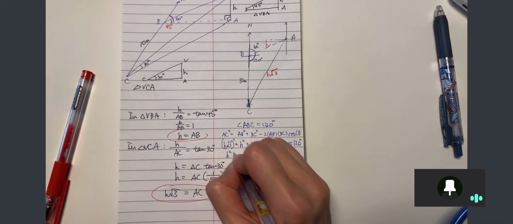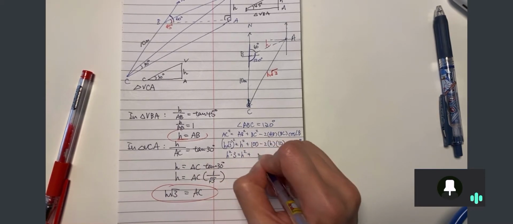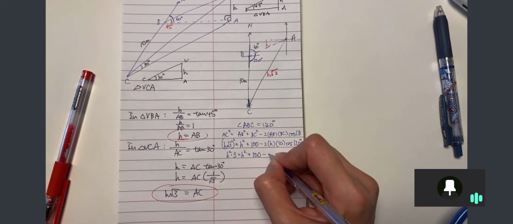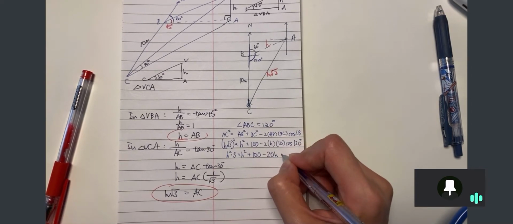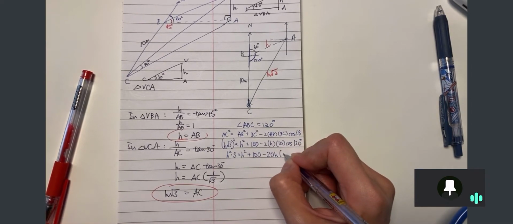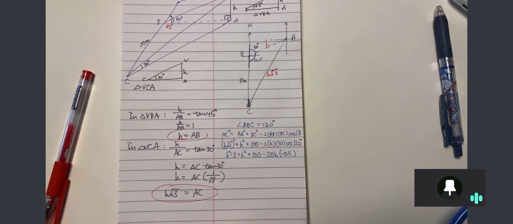So H squared times 3 equals H squared plus 100 minus 20H, and cosine 120 is negative 0.5.